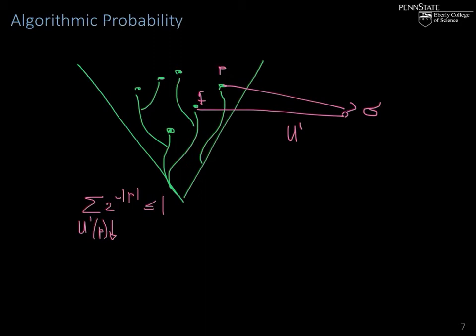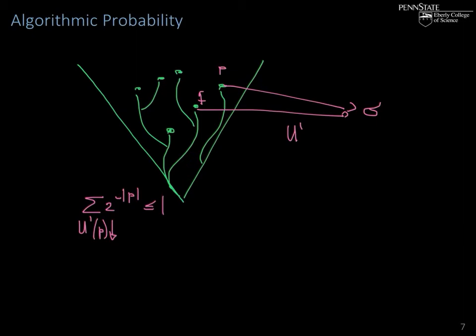So it's almost a probability distribution, but not quite. There's a little bit of defect in here. But anyway, now I could take the probability of a string, or better, the algorithmic probability of a string.